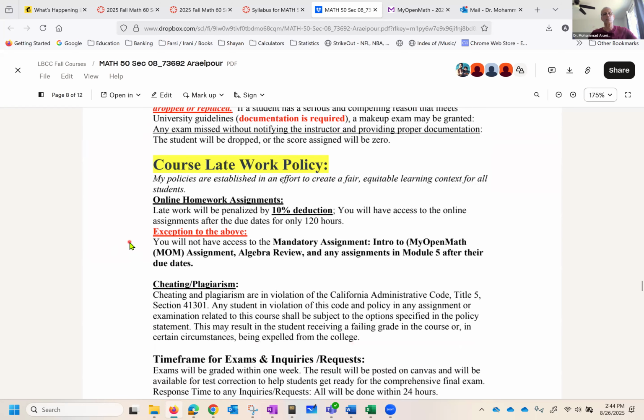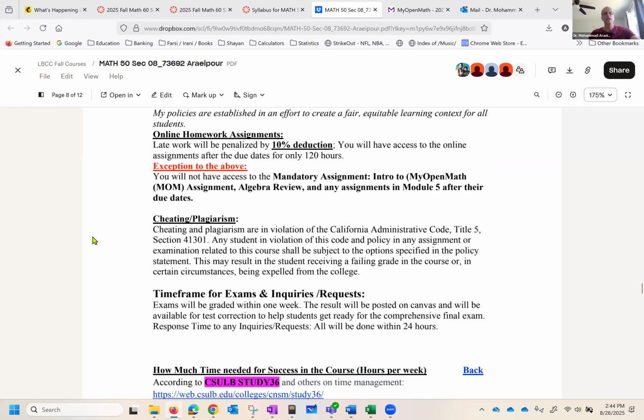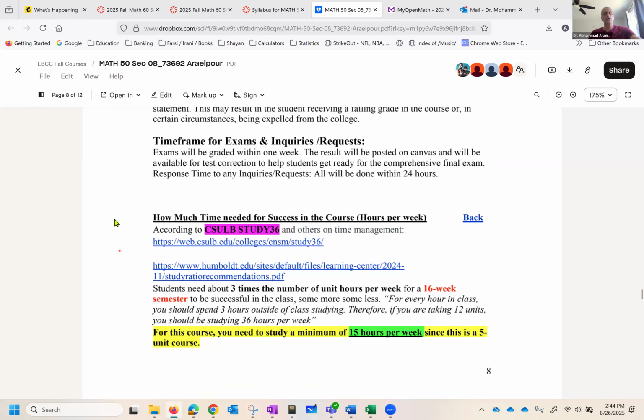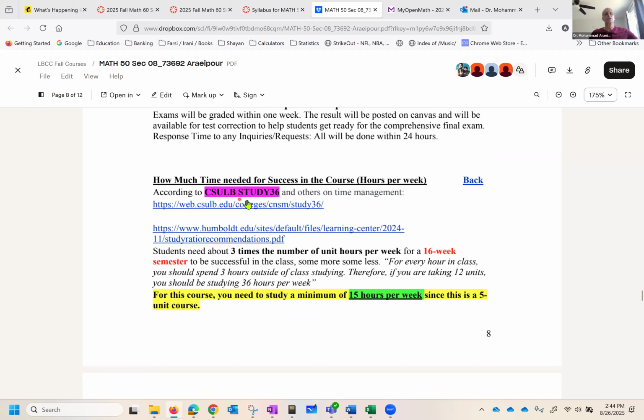Course late work, you get 10% penalty for the late work, and there are exceptions. You can't use the late work for the first couple of assignments and the last module. Then more information. One of the interesting things is CSULB Study 36. What it indicates is that for a semester, we need 3 times the number of unit hours per week.